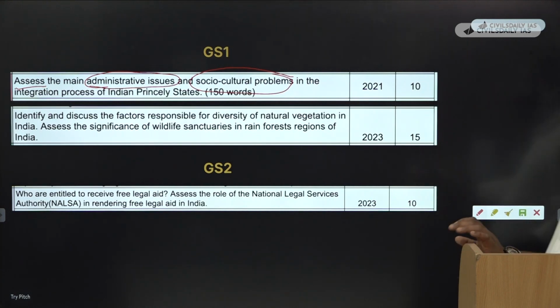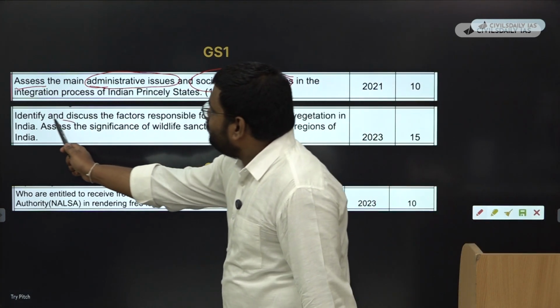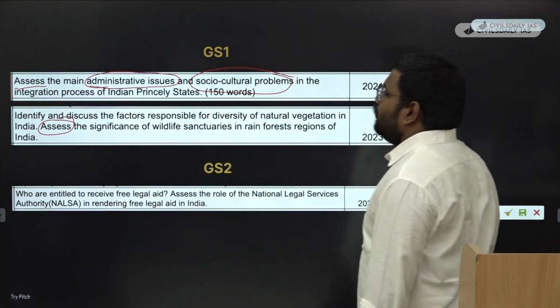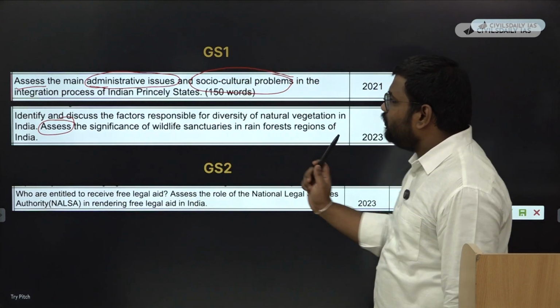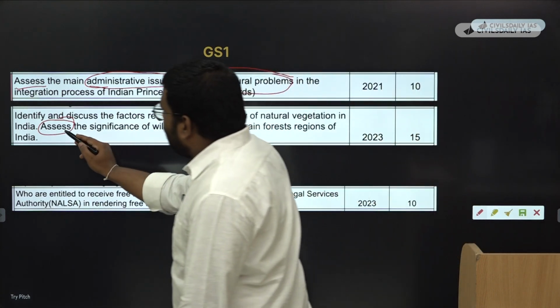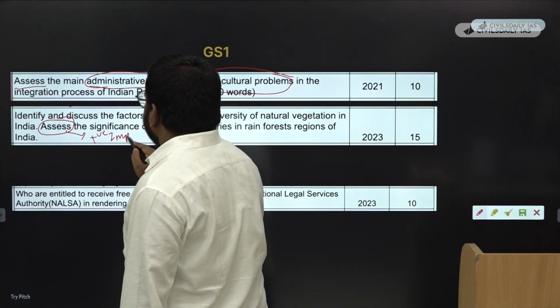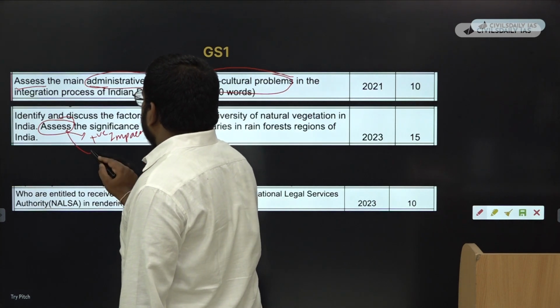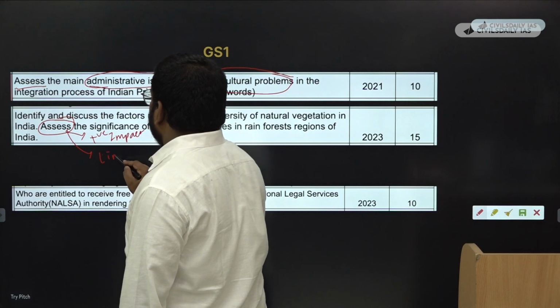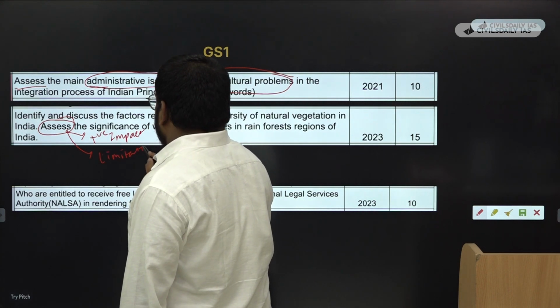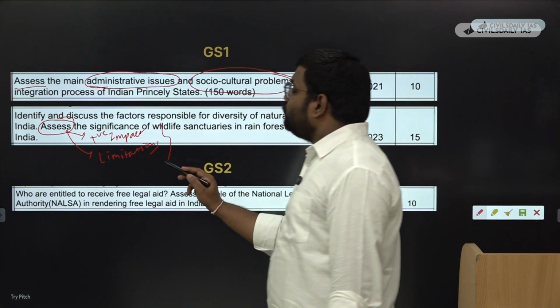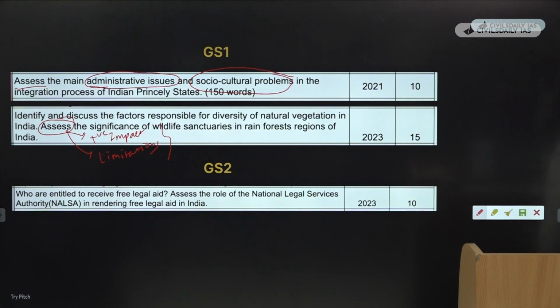Okay. Again here, assess the significance, that is the impact, of wildlife sanctuaries in rainforest regions of India. So the assessment will involve positive impact and limitations. Okay, you have to provide both sides with equal weightage.